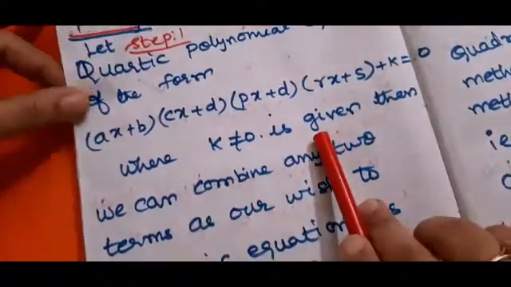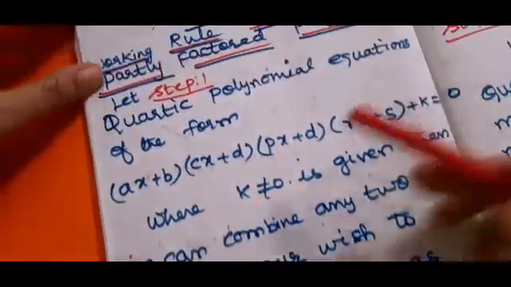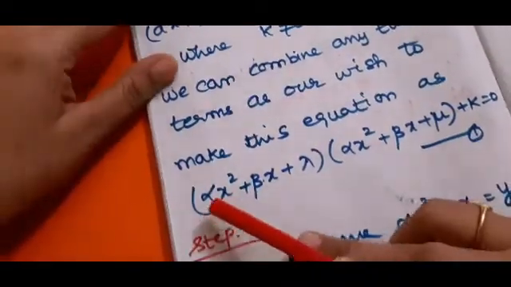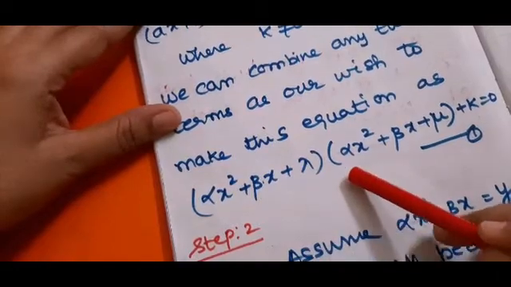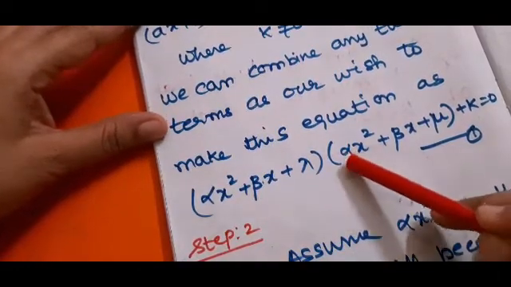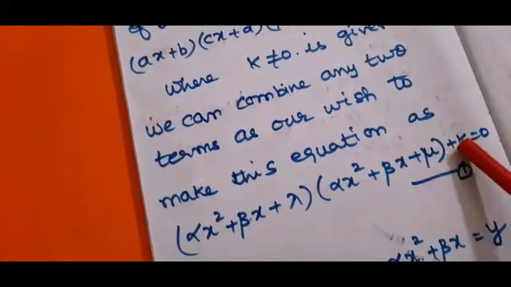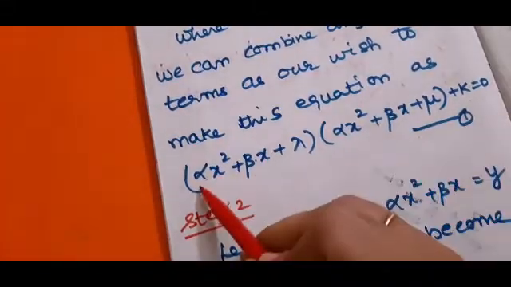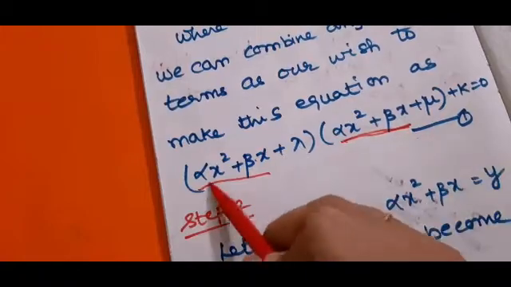So now we are going to combine these 4 terms as we wish to get (αx² + βx + λ)(αx² + βx + μ) + k = 0. That is, the first 2 terms of these quadratic polynomials should be the same.